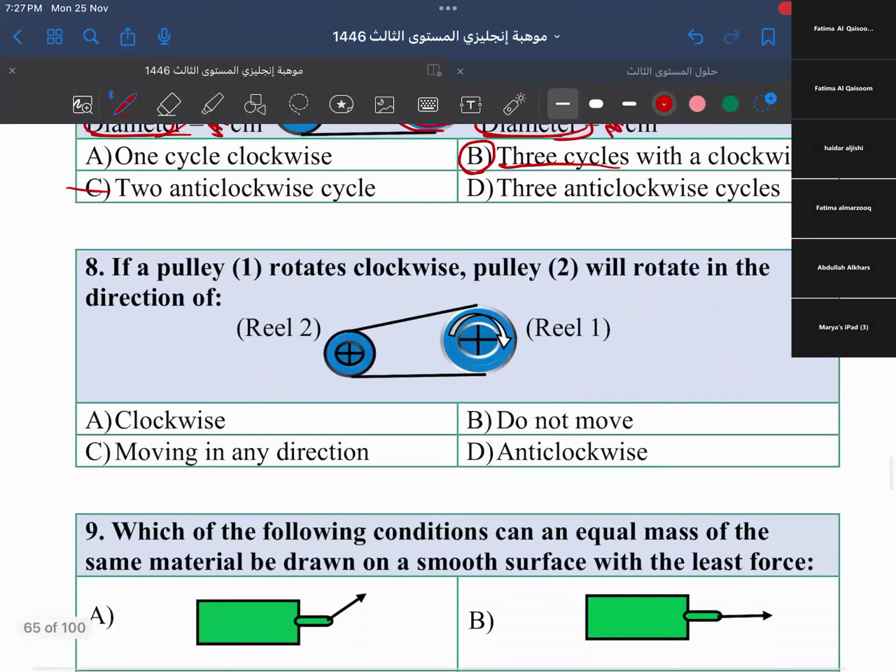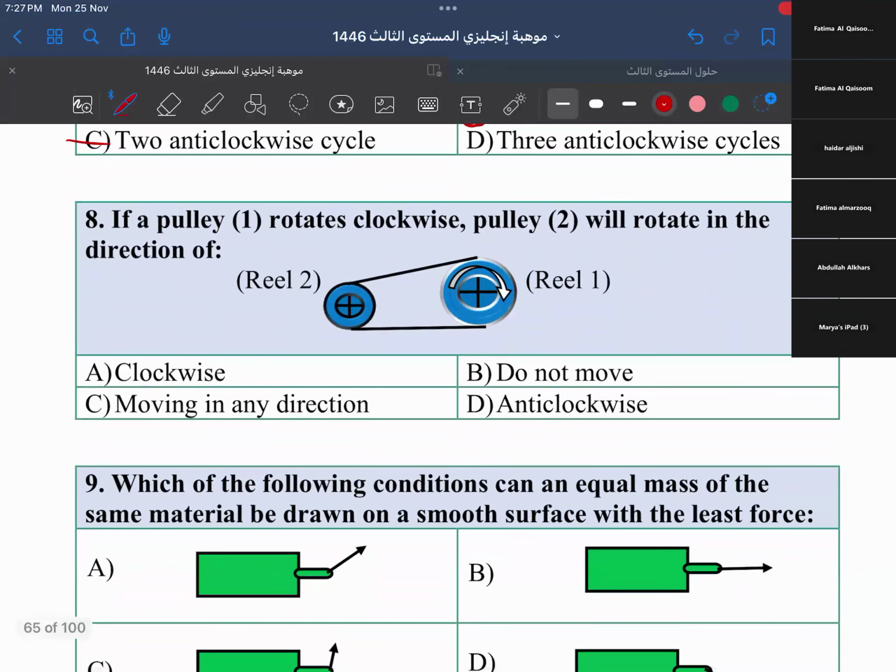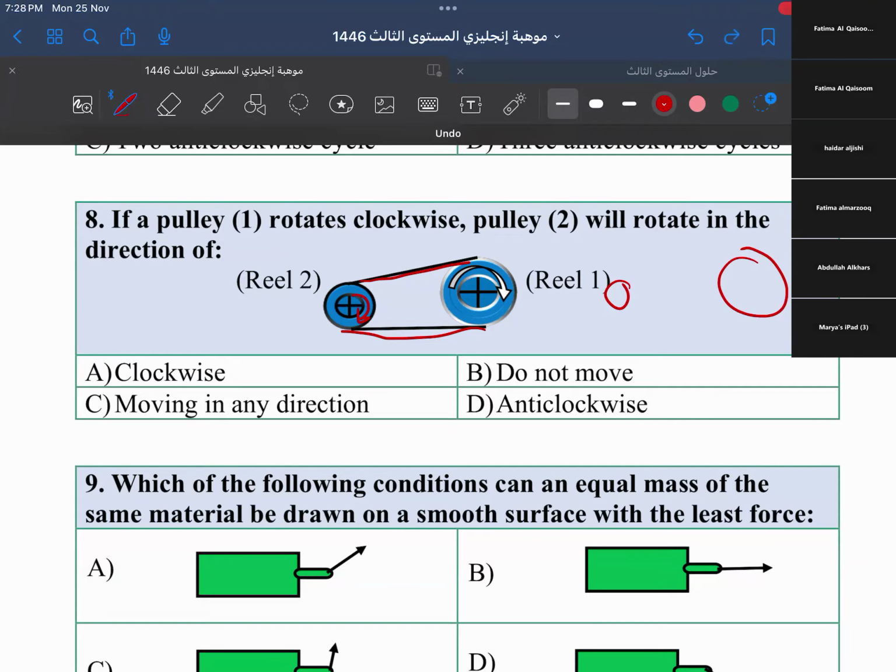Okay, so in question 8, we basically answered the question above. If pulley 1 rotates clockwise, pulley 2 will also rotate clockwise since it is connected with this rope, so it's going to go in the same direction. But there is another way of connecting it, like this way.